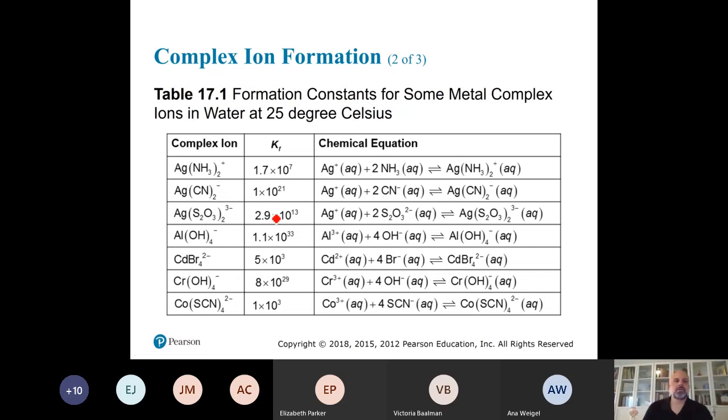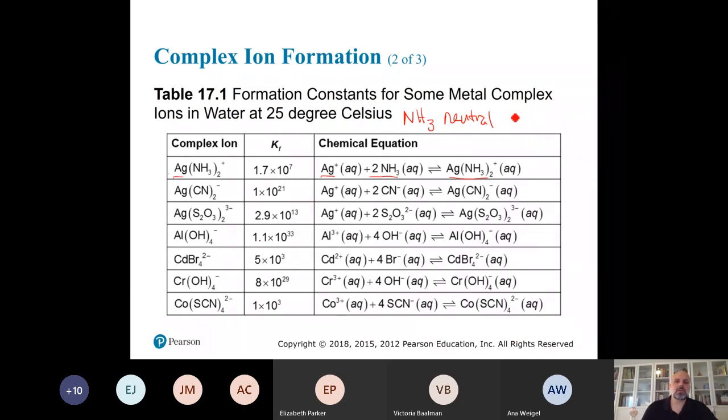If we look here at the various silver complex ions, what we're doing is taking silver ions and reacting them with ammonia. And you can see what we end up forming is this silver complex. The reason it's called a complex ion is that if we look at the ammonia here, NH3, it's a neutral molecule.